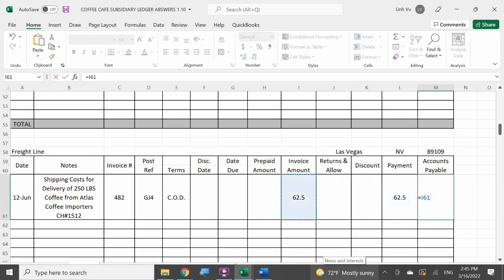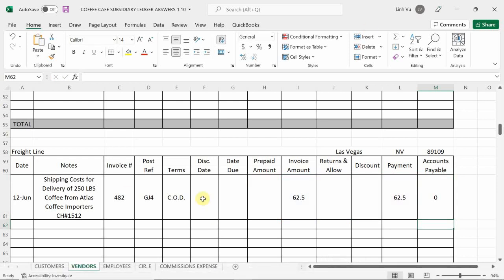So if I punch in my formula once again, invoice amount minus prepaid minus returns minus discounts minus payments, I should owe Freightline nothing. Okay.